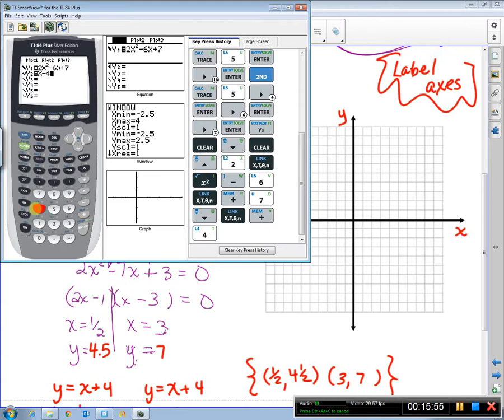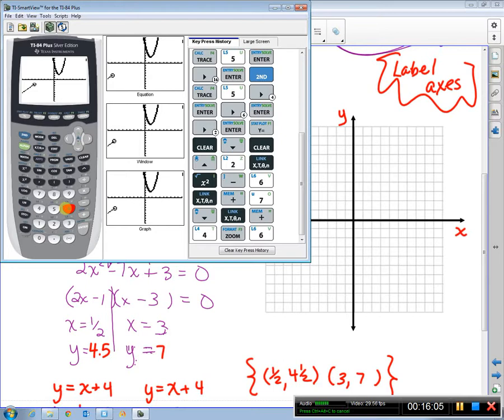Go. Zoom 6. There's the parabola. Here comes the line. So indeed, I do see two intersections.